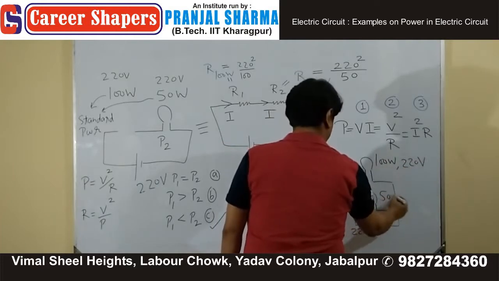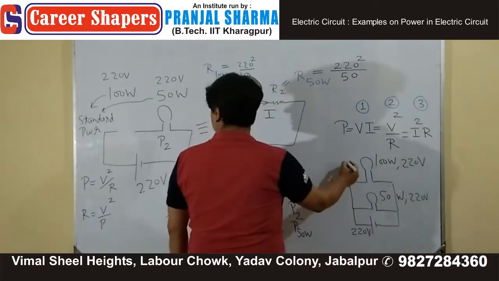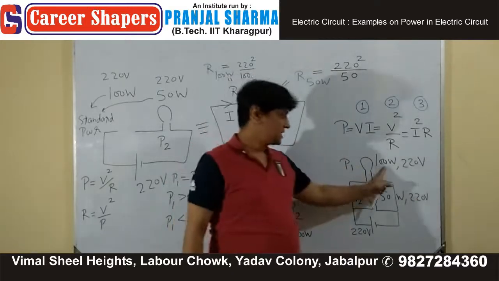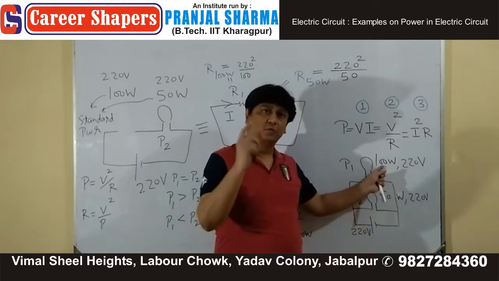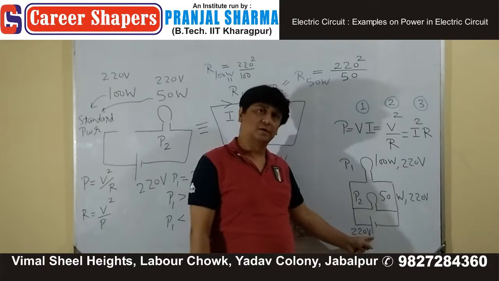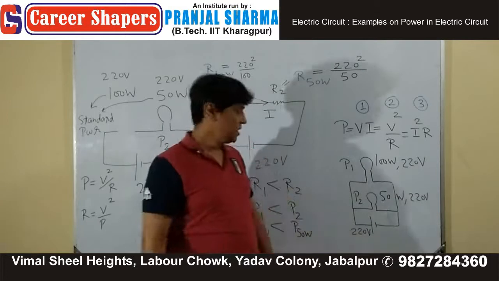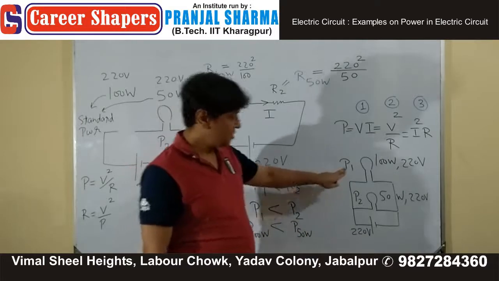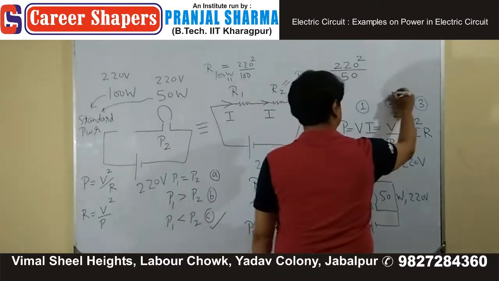This is 50 watts, 220 volts. This is P1, this is P2. Standard power, 100 watts, will come if you connect it to a 220 volt supply, and that's what we have done. So in parallel, it's not about this 220, had it been 100, 75 or anything. If they ask you to find the relation between P1 and P2, now for comparing power, you will be using this second format.